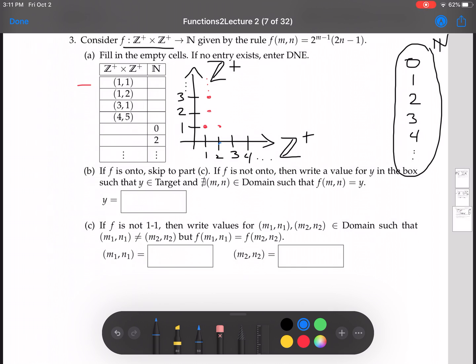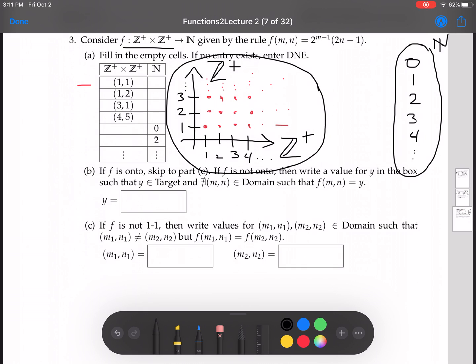Because that's on the x-axis, and that would make the y coordinate 0. We don't have 0 to choose from in this case, because we're just doing Z plus. And so on and so forth. Okay, so this is our domain.